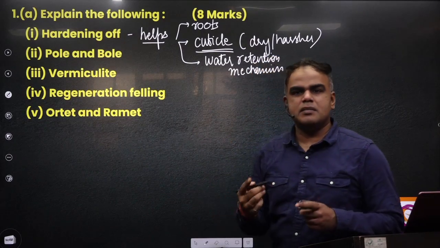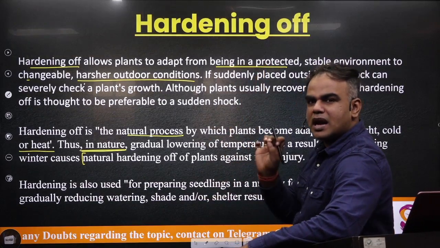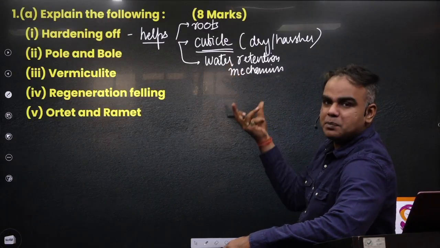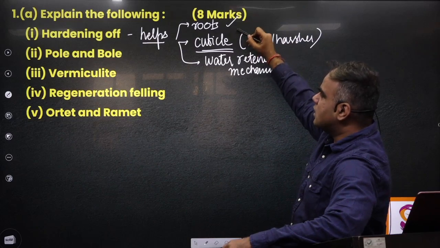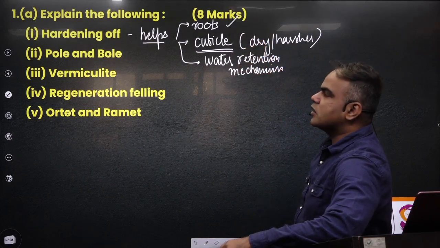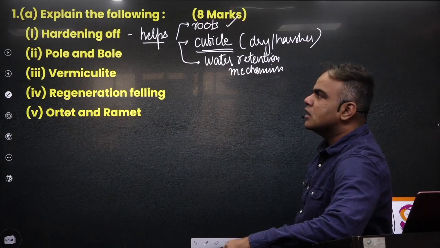Here again the point is you don't have to write the entire thing, just a one line definition and perhaps how this helps. So one line definition: it helps in a better root system, a thicker cuticle, and perhaps a better water retention mechanism. That's how you can approach the first part.